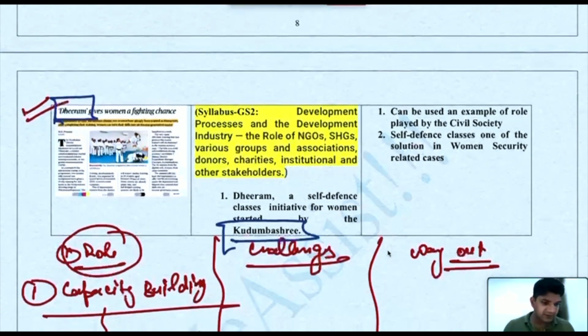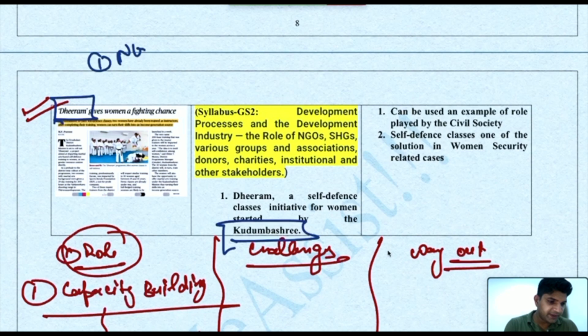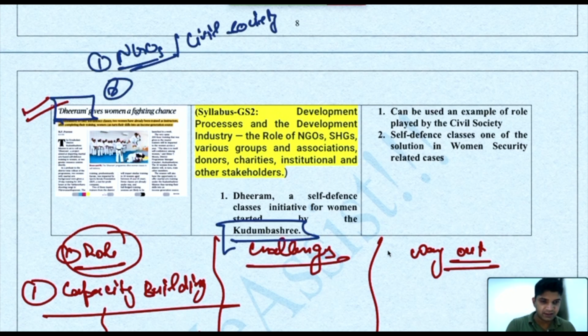Now there was this one use in the role of NGOs. We have used it in NGOs, or we have used it in civil society. Second, in questions related to women, that women are fighting with the patriarchy, crime against women is increasing, suggest the way out, one of the ways out will be providing them defending skills. So in questions related to women also you can use this.